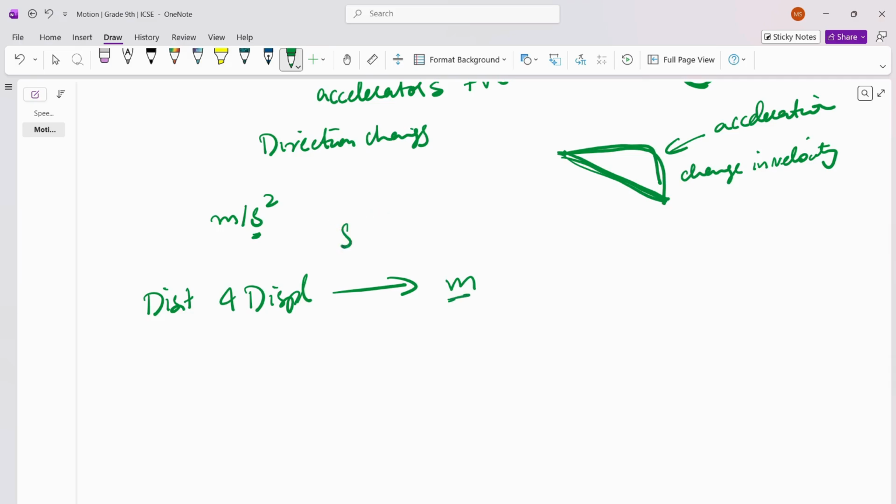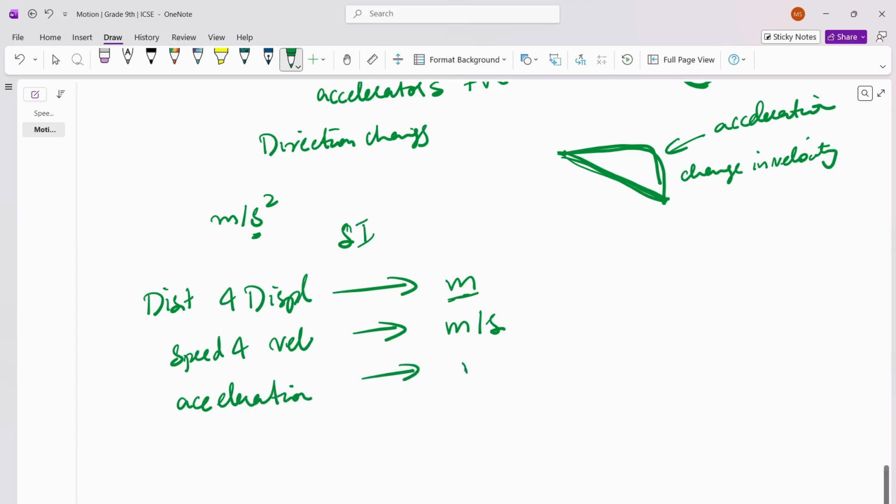We are talking about SI unit because that is the most commonly used unit, is meter. For speed and velocity, we have meter per second because distance by time. And then for acceleration, we have meter per second square because change in velocity by time.